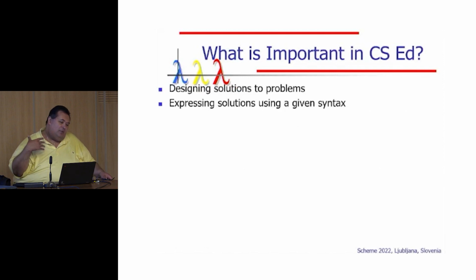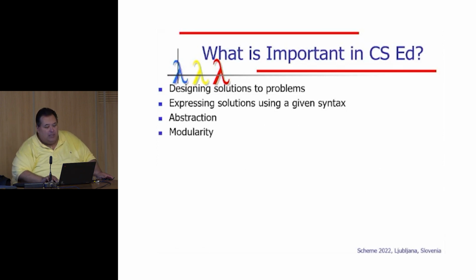So first of all, students have to learn how to program. So they need to know how to design solutions to problems, not just hack away, trial and error, but actually think and design. And then they have to be able to express that solution in some syntax, some programming language. Now, I think they also need to learn about abstraction.